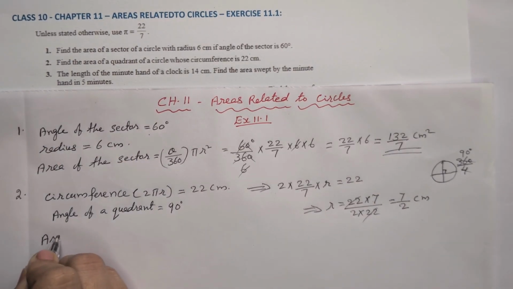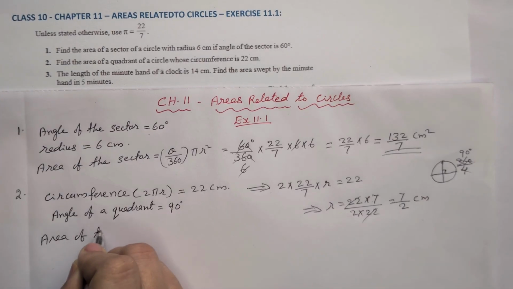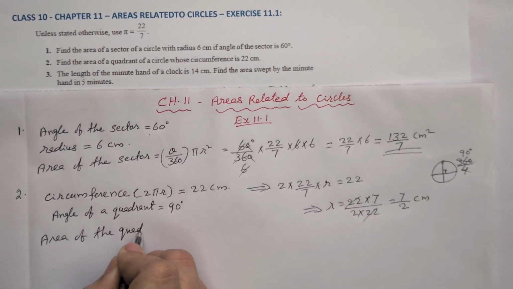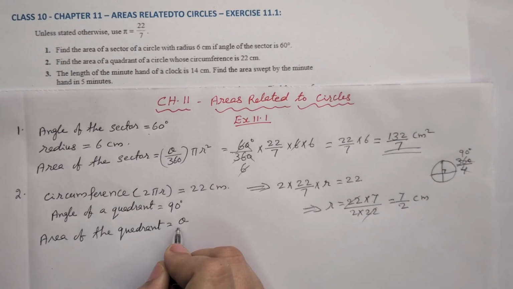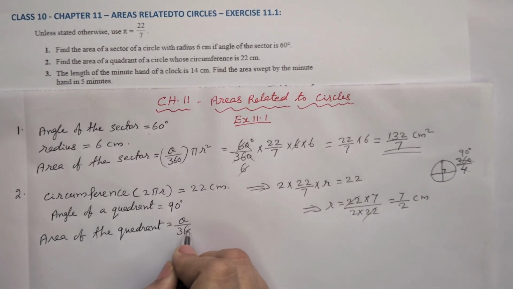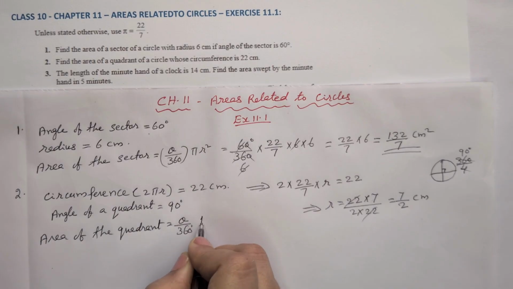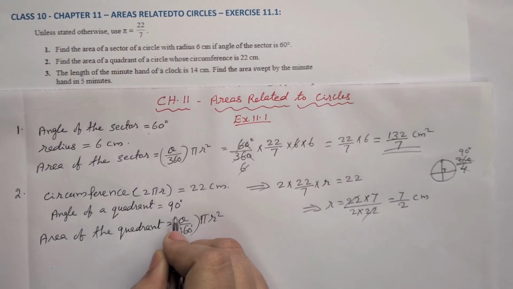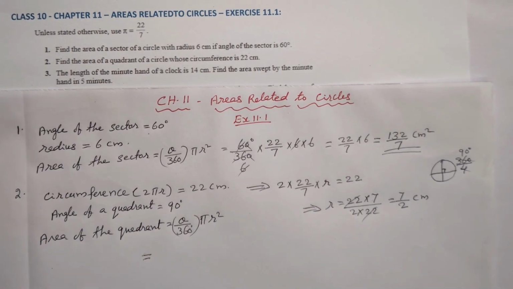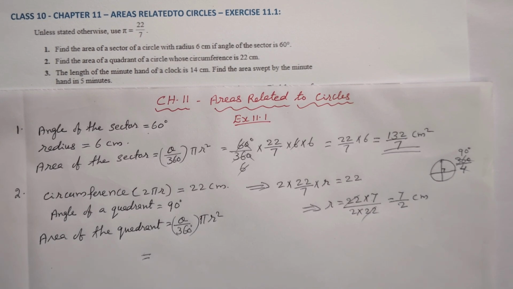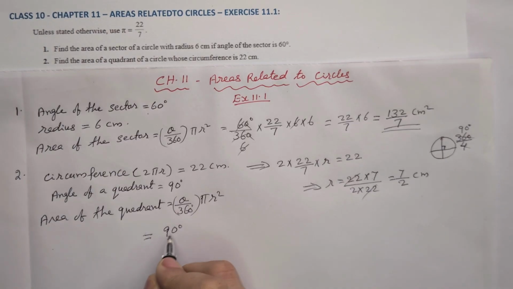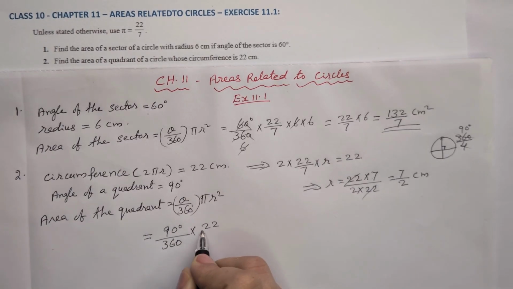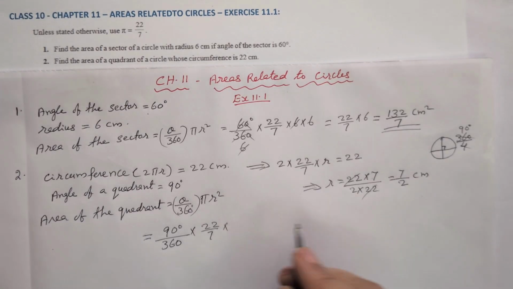Then the area of the quadrant. Use the same formula, area of a sector, that means theta by 360 into pi r square, which is equal to theta, here 90 degrees, divided by 360, into pi 22 by 7, r is 7 by 2.